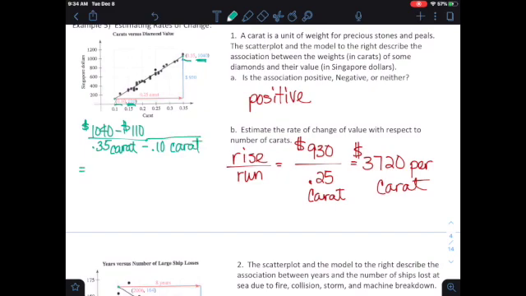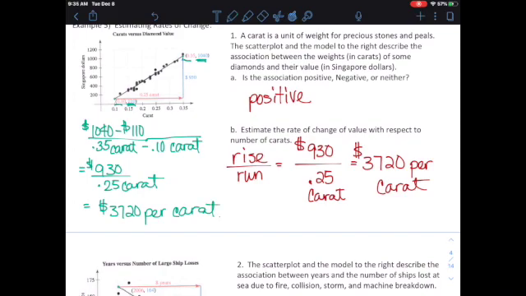And that's going to give you $930 over 0.25 carat, and the rest is going to be $3,720 per carat. So it depends on the information I give you. You need to be able to do both. Okay, going on to the next thing.